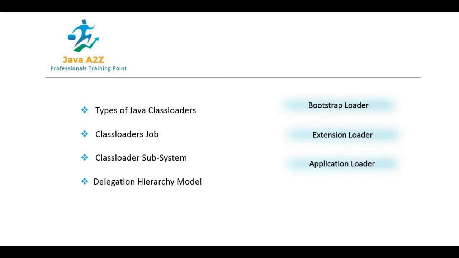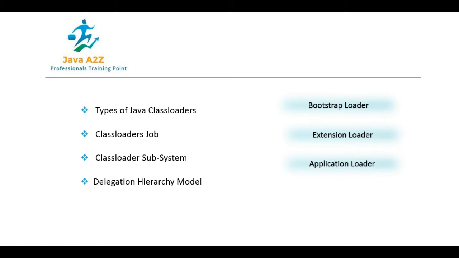Now let's understand what is the need of class loaders. The Java class loader is a part of the Java runtime environment that dynamically loads Java classes into the JVM. Java classes are not loaded into memory all at once. Whenever a class is required during your program execution, at that time the class loader loads classes into memory dynamically.